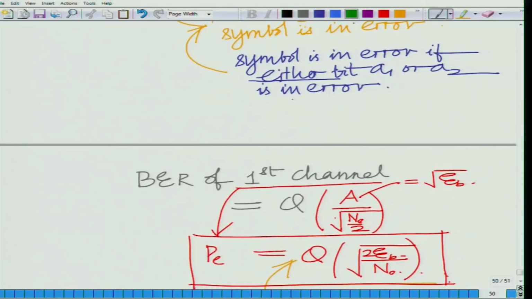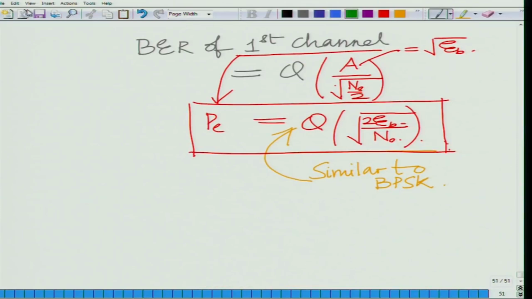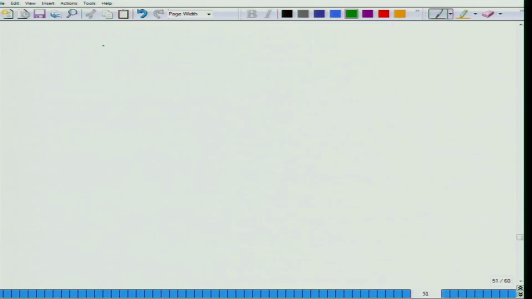Okay, and therefore the overall symbol error can be calculated as follows.